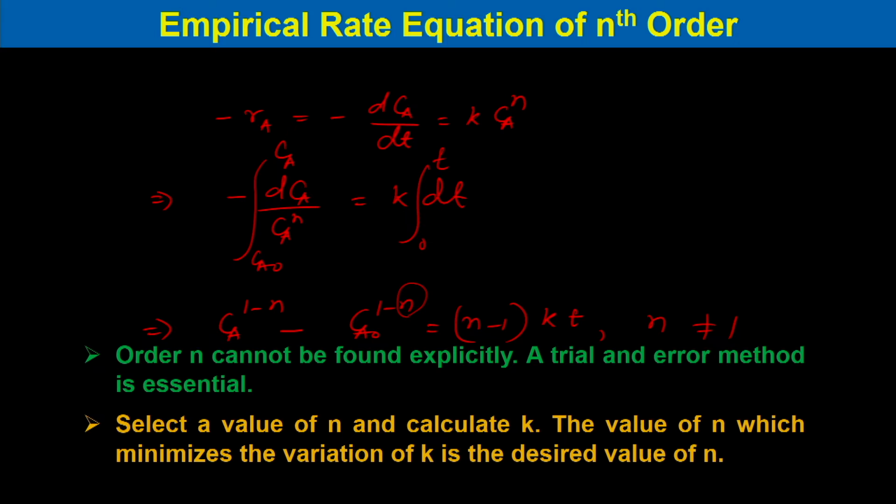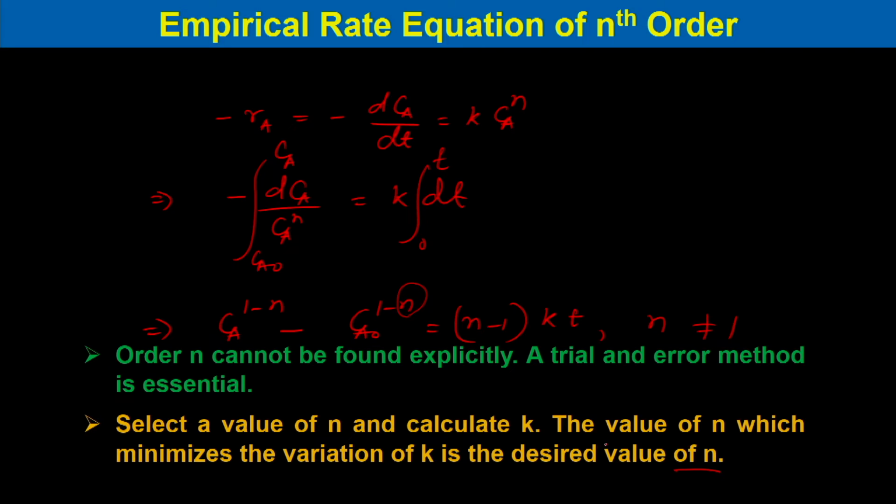and then calculate k. If we select n, then from the analysis of the concentration versus time history of the batch reactor data, we can calculate k. Now, the value of n which minimizes the variation of k is the desired value of n.